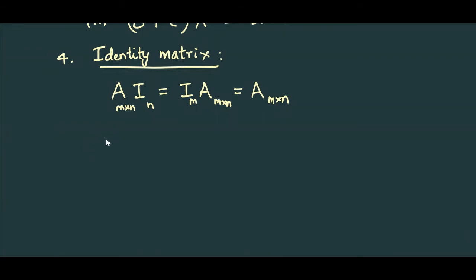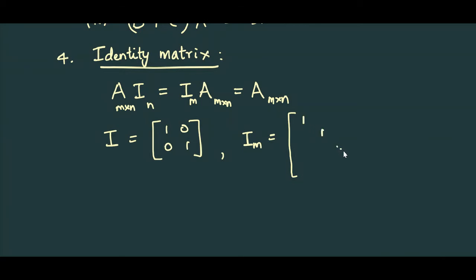So identity matrix I is [1 0; 0 1], or 1, 1, 1, m times, and the rest all zeros. So identity. Then inverse.